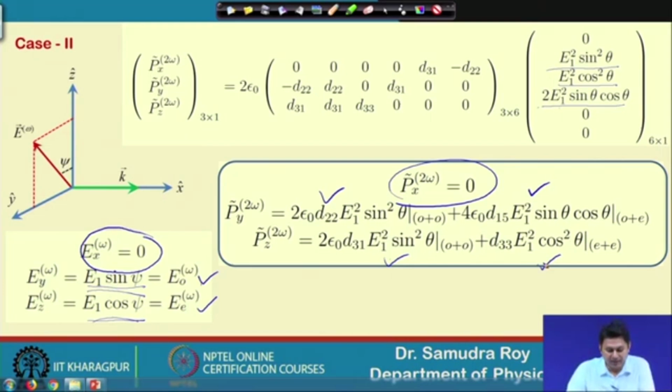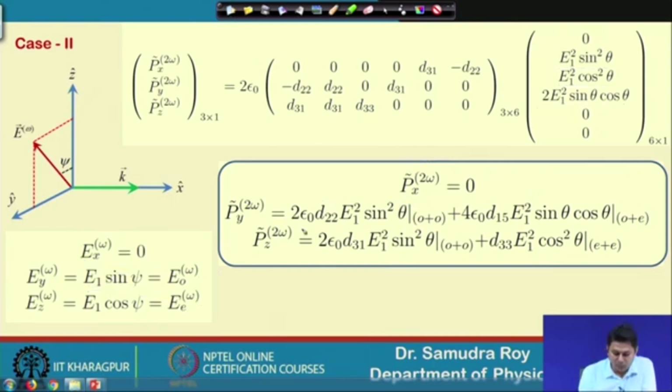As a result we have different terms in P x, P y and P z. So, P z is containing 2 terms, P y is containing 2 terms and P x is containing no terms. So, it is 0. Now, you should be careful enough to find out what is the combination. In both the cases I find it is E 1 square sin square theta. So, that means E 1 sin theta.